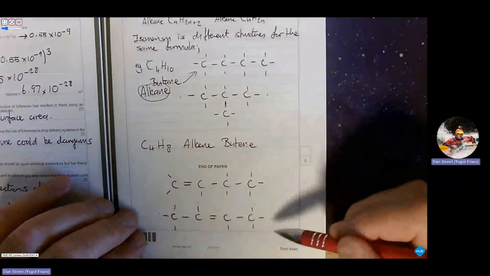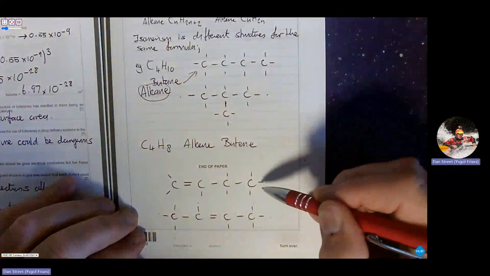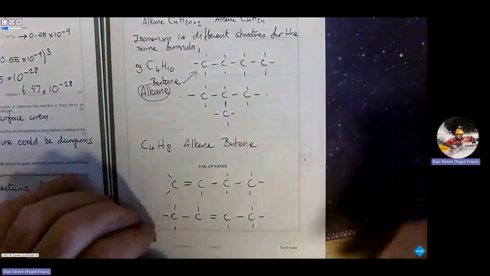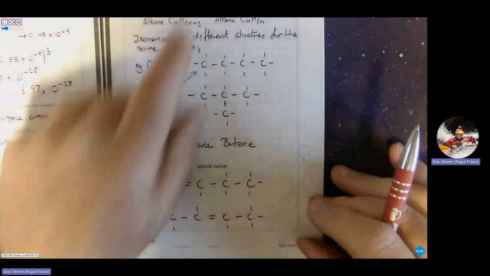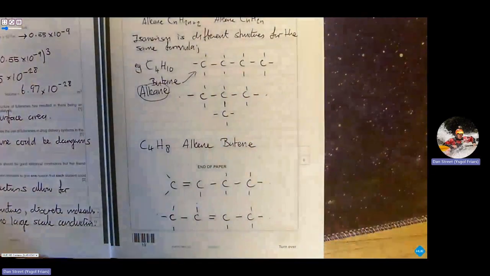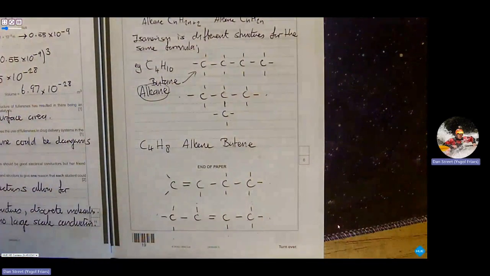And as I say, you don't need to name them all. This one here is actually but-1-ene, and this is but-2-ene. But that's not what they want to know. They want to know that you understand that isomerism is different structures for the same formula.